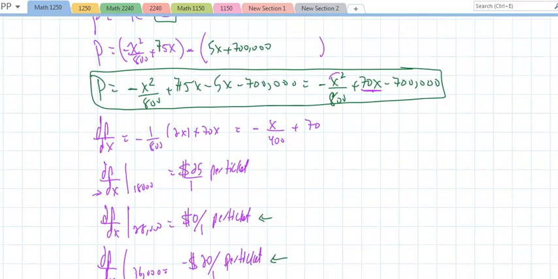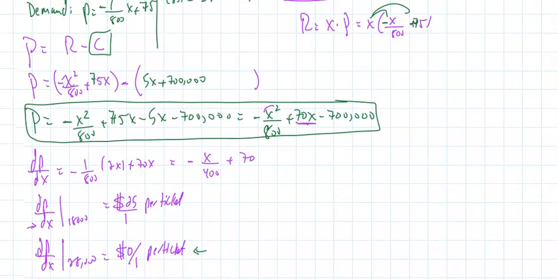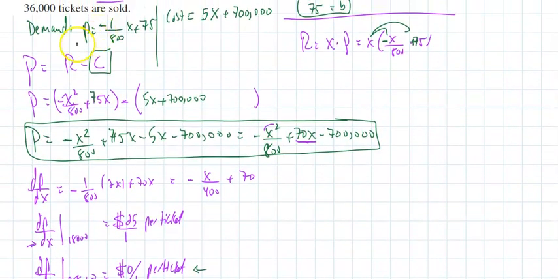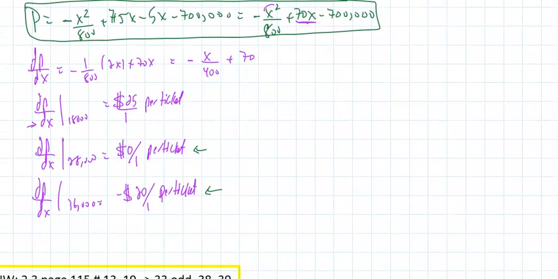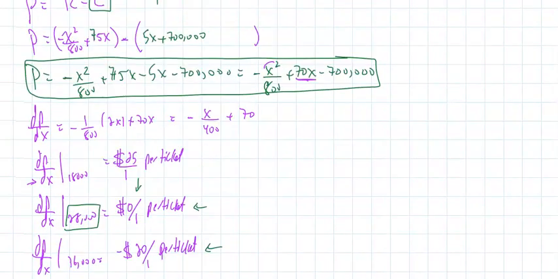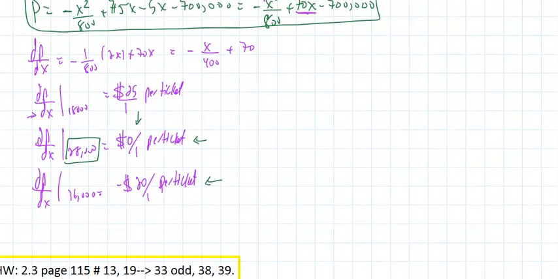Well, keep in mind, if you really look, keep in mind that the demand function depends on the price and the number of units that you sell. So if you want to increase the number of tickets, you have to lower the price, right? Those go hand in hand. Whenever this is increased, the price is lowered, and when the price is lowered, obviously the revenue, the profit is lowered.